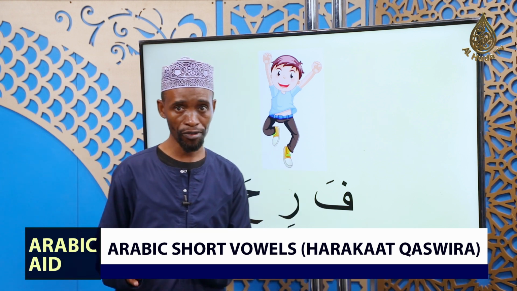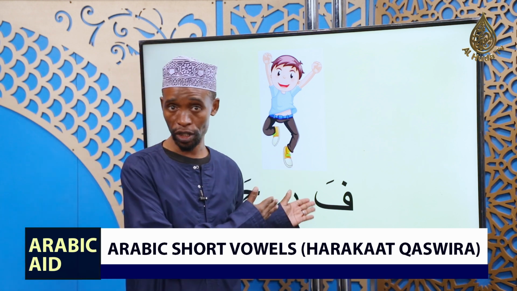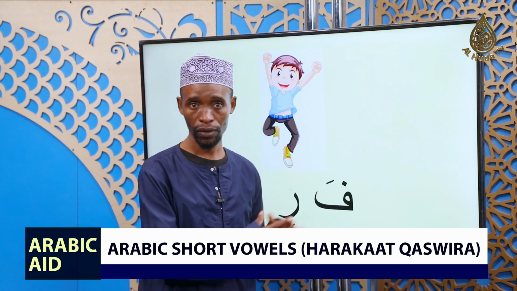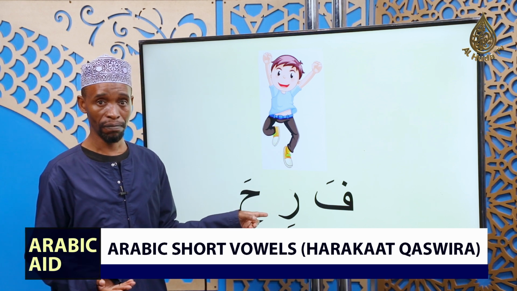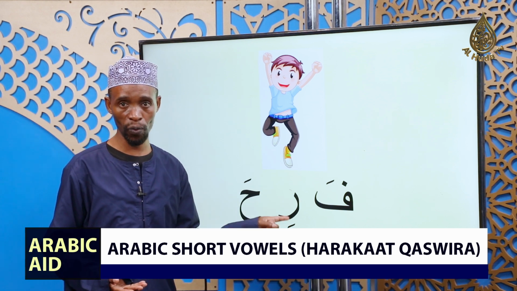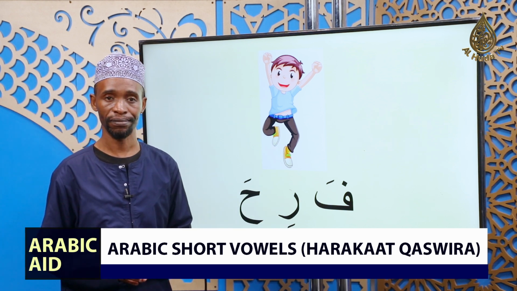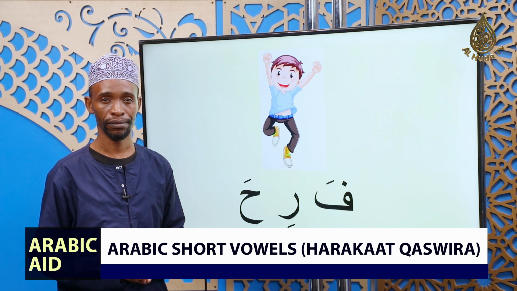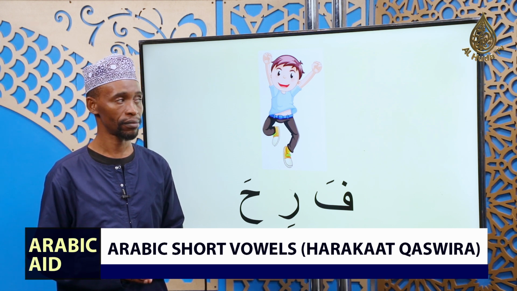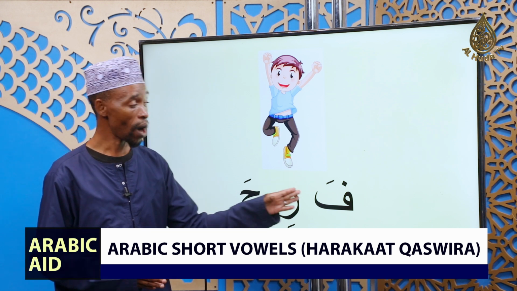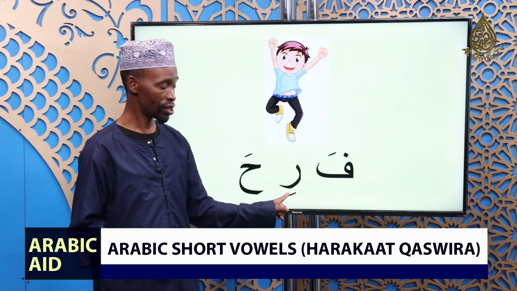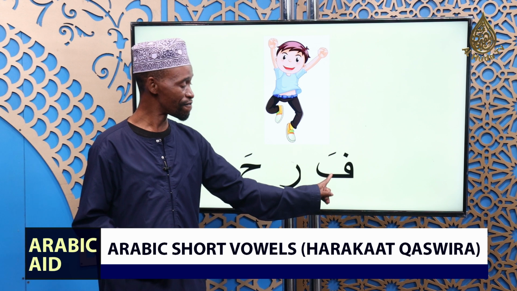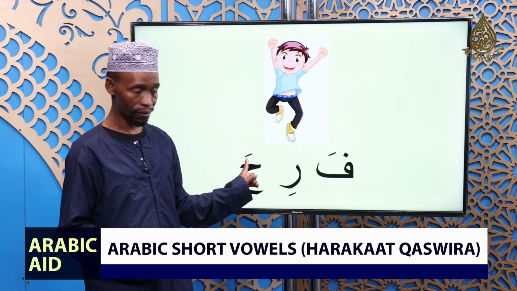And before we go for a break, can you attempt to read the following words? What word is this? By reading each letter with their short vowels. The word is fa, ri, ha. Fariha.